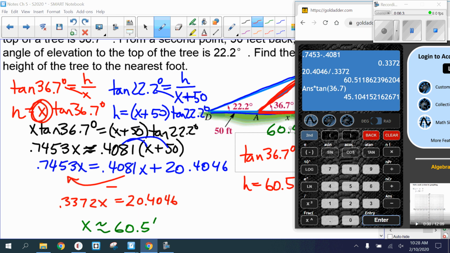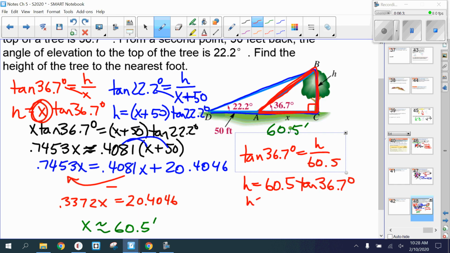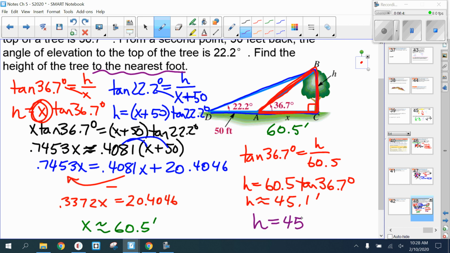About 45.1 feet. Notice it says round to the nearest foot. So let's go ahead and round to the nearest foot and call that 45 feet. The height of that tree is 45 feet.